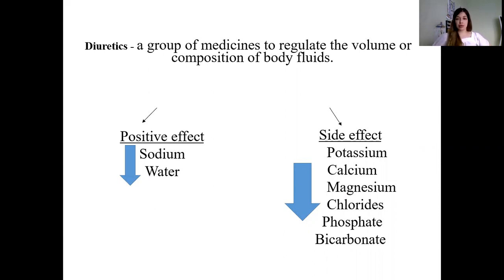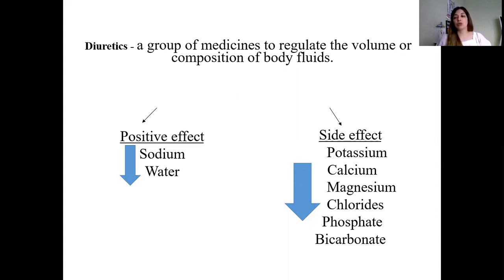By increasing urination, diuretics reduce sodium and the level of water in our body, so the volume of circulating blood will reduce. This is good for us because we want to reduce the blood pressure, which depends on the volume of circulating blood.